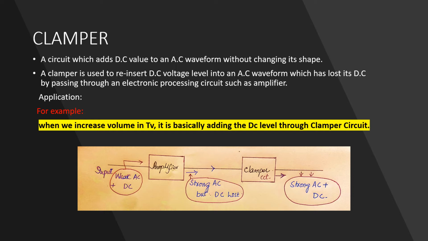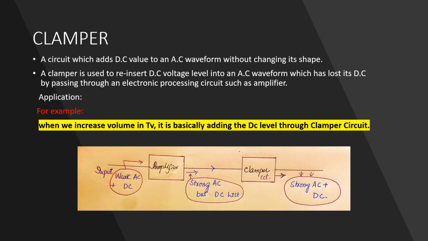The second important thing is that the clamper circuit is used as a voltage shifter. It means the input waveform of any signal remains unchanged. At the output side, the waveform remains unchanged, but there is a certain level of addition of DC levels in the voltages, as shown in the output side, which you will see in the next slides.